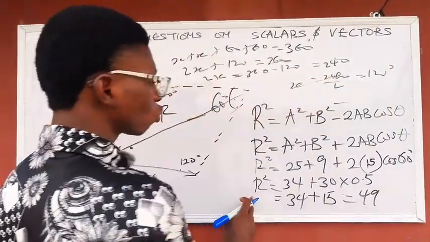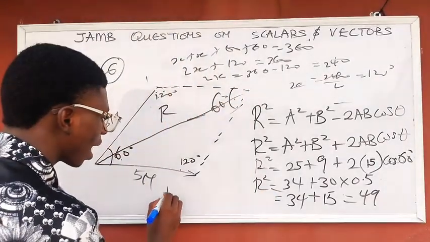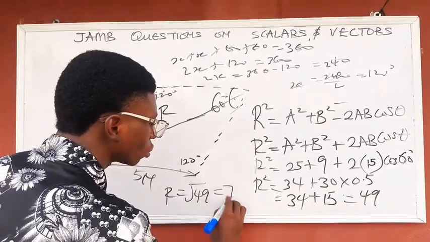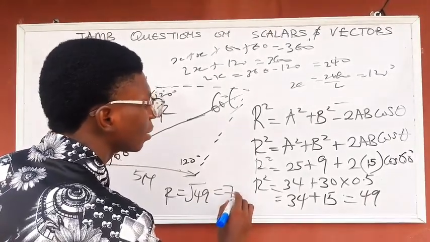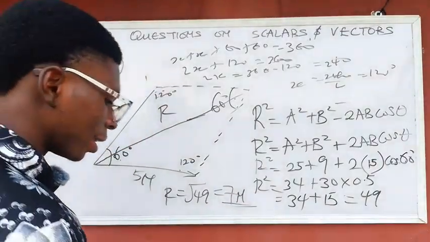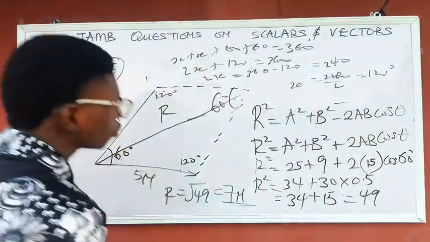So to take the square root of R square, the square root of 49, which will be what? 7 what? Is it in meter? I mean, is it in Newton? 7 Newton.